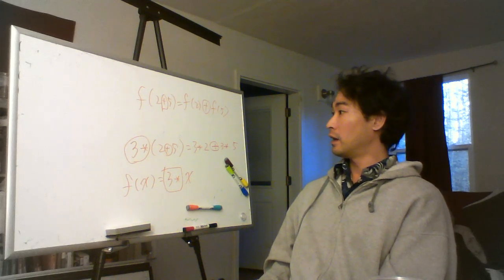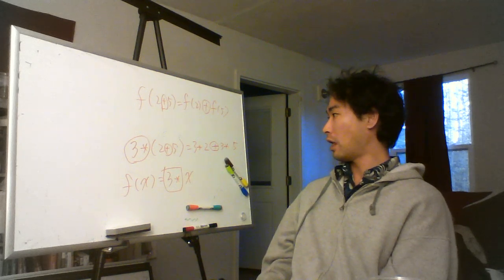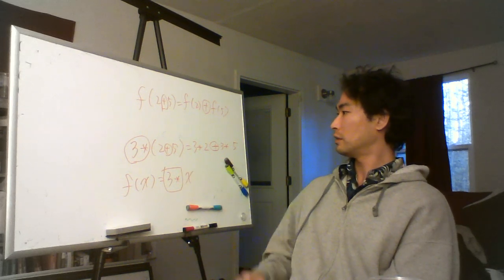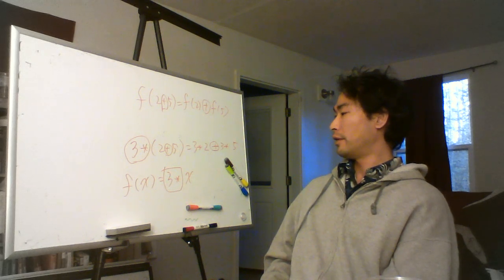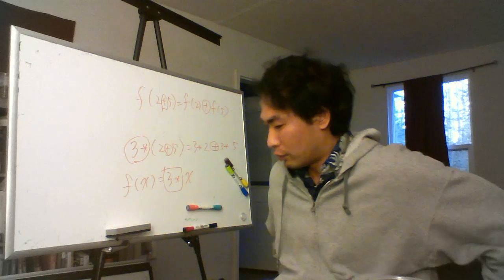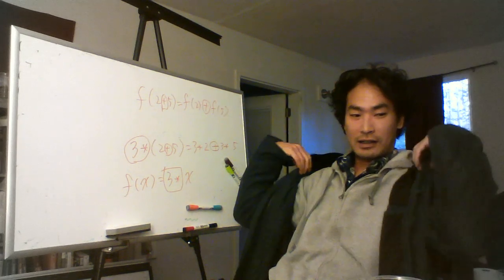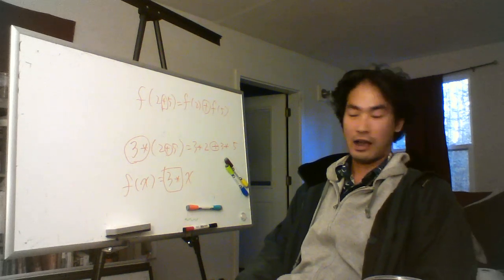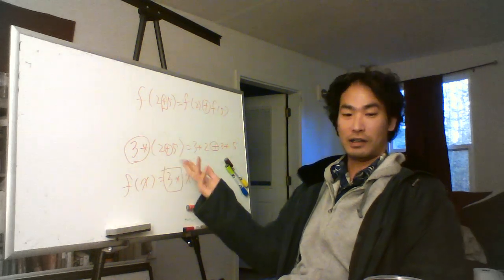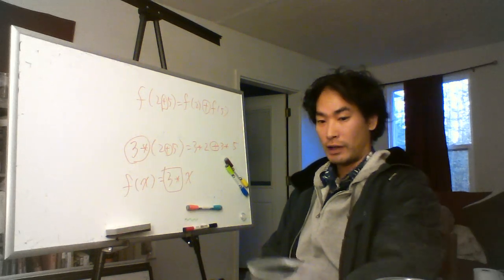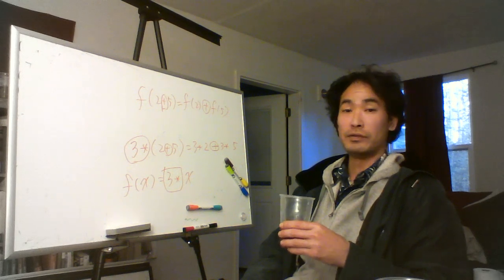Okay, let's prove this. How do we prove this? I don't know, I have no idea. We learned it in elementary school, right? This is true, but now it's time to prove it.